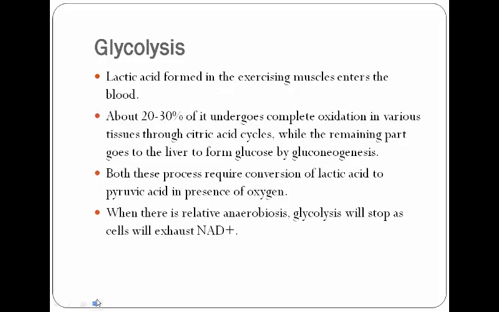This lactic acid after formation can come into the blood, and 20 to 30% of it undergoes complete oxidation in various tissues through the citric acid cycle, but requires reconversion to pyruvic acid, while the remaining part goes to the liver to form glucose by gluconeogenesis after conversion to pyruvic acid.